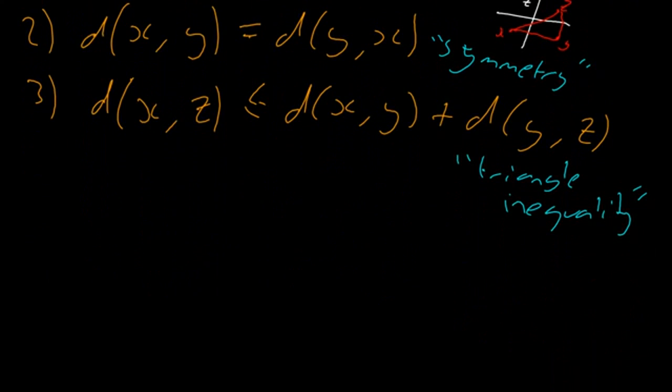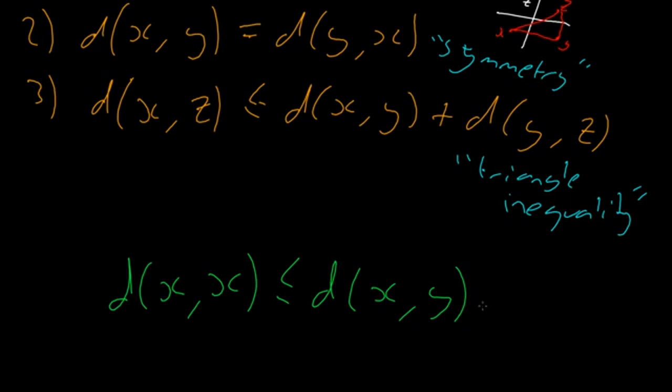This comes from taking the triangle inequality and just letting x equal z. So the distance between x and x is less than or equal to the distance between x and y plus the distance between y and x.